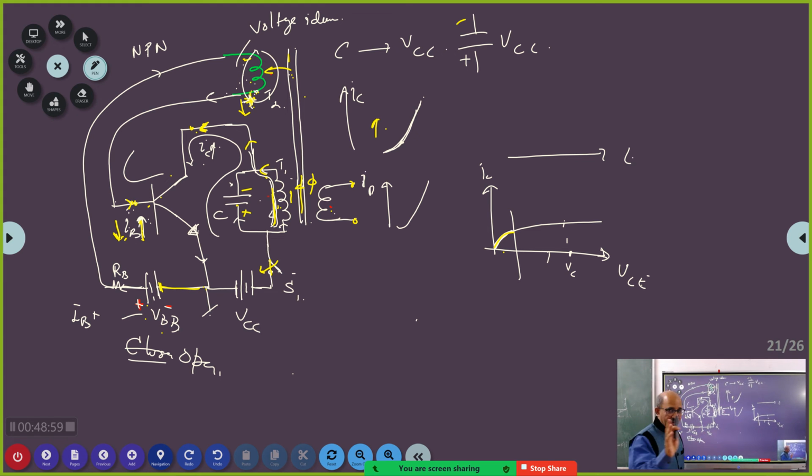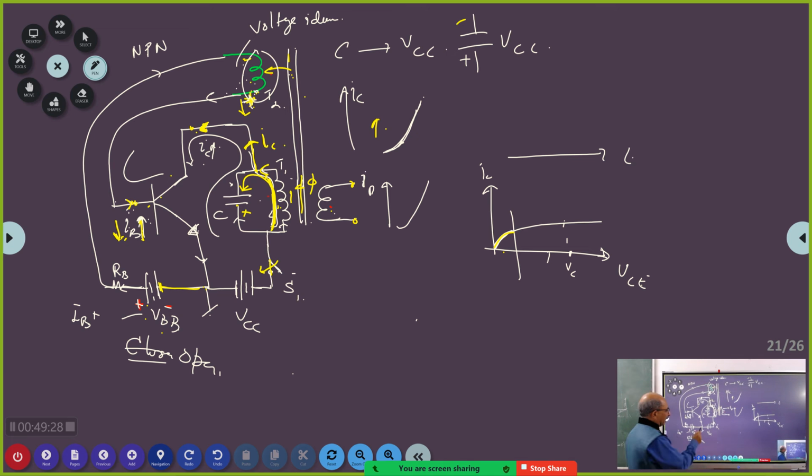Now if IC decreases, that means this current that was flowing here, at the instant when IC became saturated, no longer will IC here increase. But there is some IC going here, and this IC cannot increase further. Then what happens? This current will now start going into the capacitor. Got it?